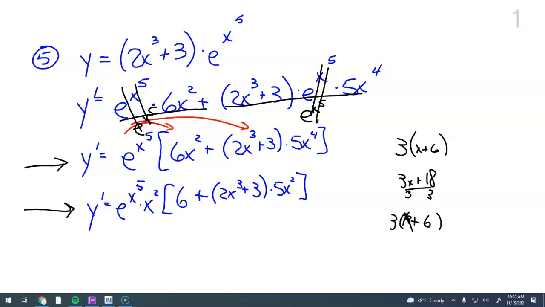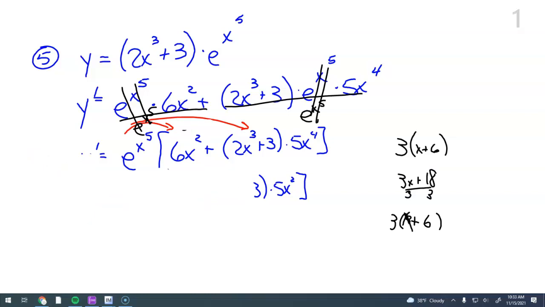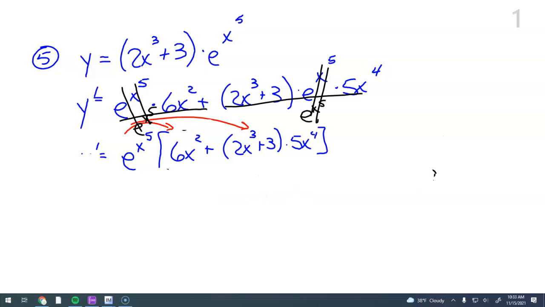This 3? Think about it like, this is like A plus, well, that's not the greatest way. You're not doing anything to the 3 though. I can prove it to you if I distributed it out. Because this 5x to the 4th will eventually be distributed to both of those, right?